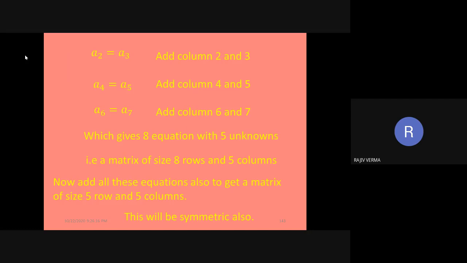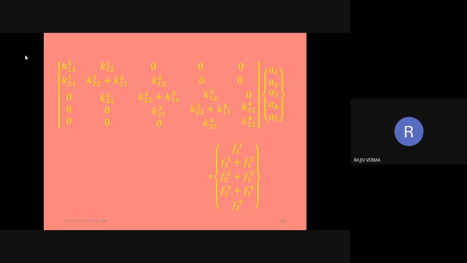Now coming to the actual matrix, this is on display. So there are 5 rows, 5 columns. That is, the global stiffness matrix is of size 5 by 5. And in this particular matrix, please notice that in the second row, second column, there are the contributions from the first and the second element, they have been added up together.